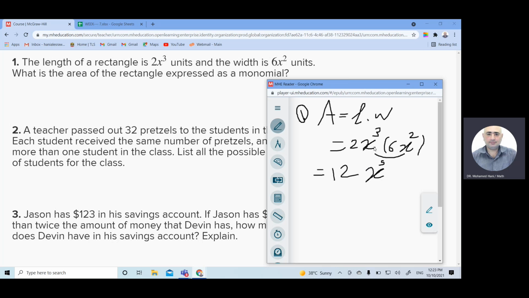Because you have a rule: when you multiply powers that have the same bases, add the exponents. 3 plus 2 will be 5. So the answer is 12x exponent 5.